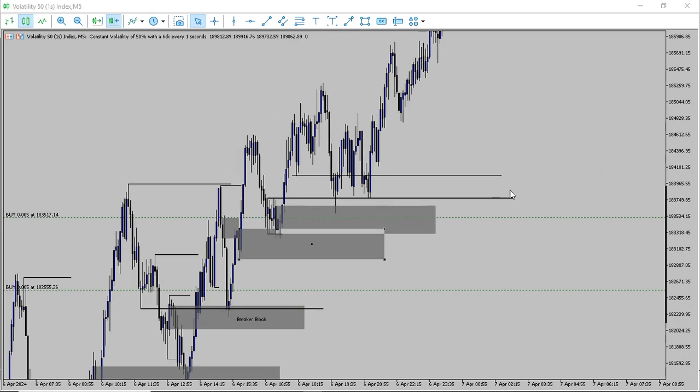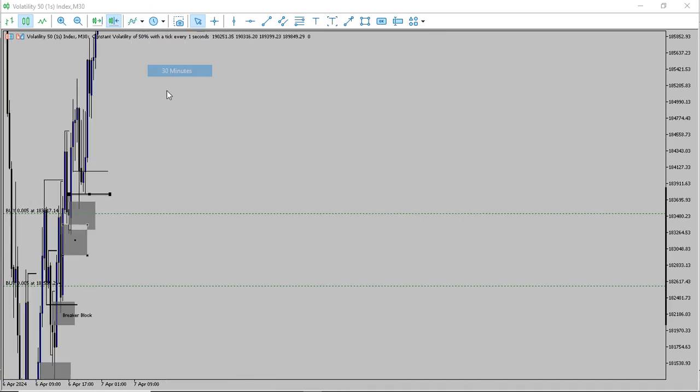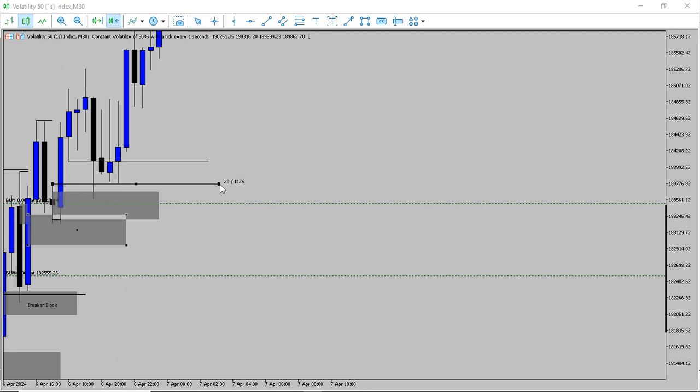Now another thing that could cause emotional damage is when the price starts retracing backwards. But seeing this, I was not bothered because I already saw that we have a breaker structure, right? So my eyes got me on a fair value gap right here on the 15 minutes. Sorry, 30 minutes. All right, so it was only 30 minutes. So I was like, all right, it needs to trade back into the fair value gap.